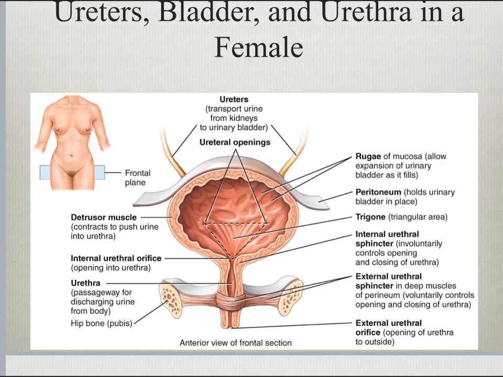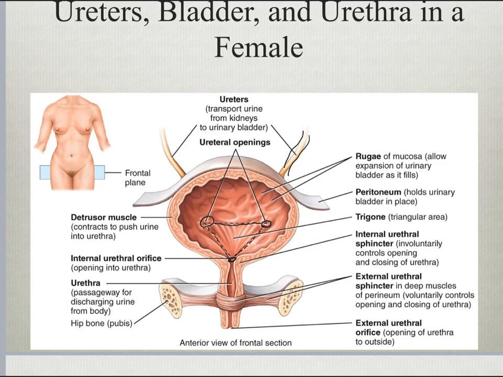Notice our ureters are working their way through the posterior aspect of the bladder, and they're going to enter right here at our ureteral openings. Now, notice we have a triangle dashed here. This triangle is called the trigone. It is called trigone because it is triangular and it outlines this region from our internal urethral orifice to our two ureteral openings.